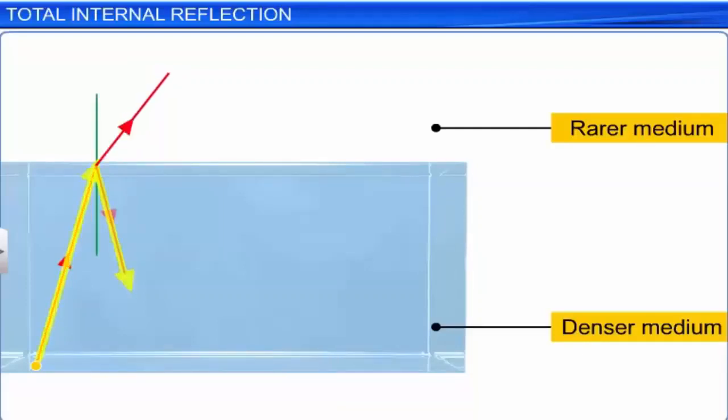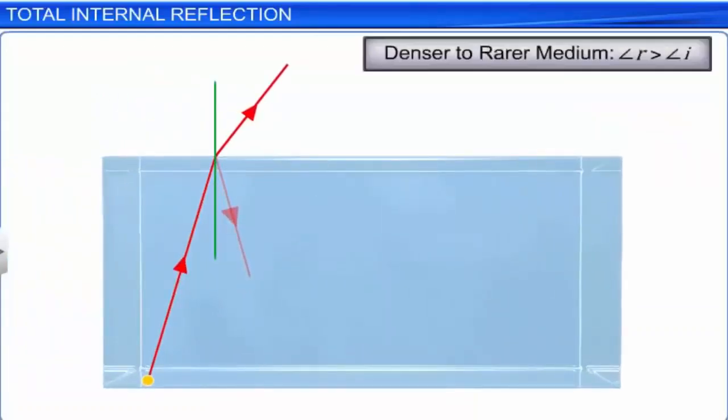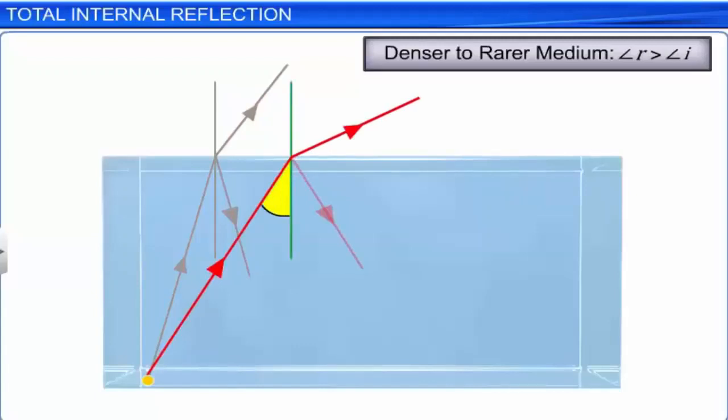In case of refraction from denser to rarer medium, the angle of refraction r is greater than the angle of incidence i. If another light ray with higher angle of incidence is considered, its angle of refraction will also be correspondingly higher.